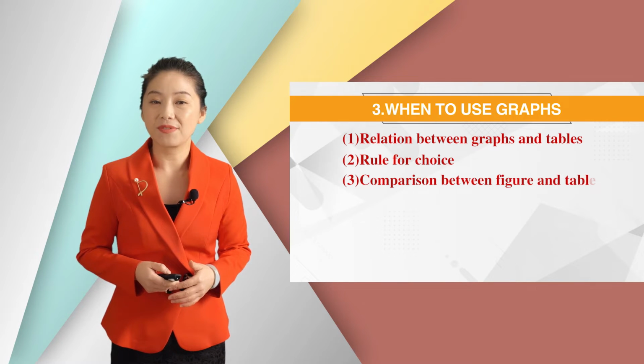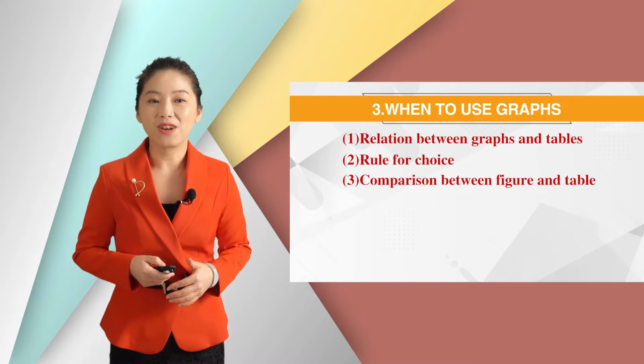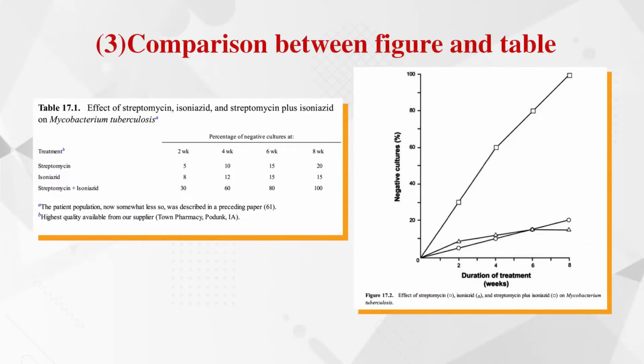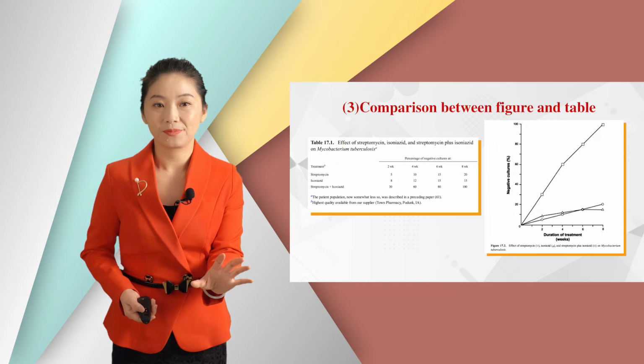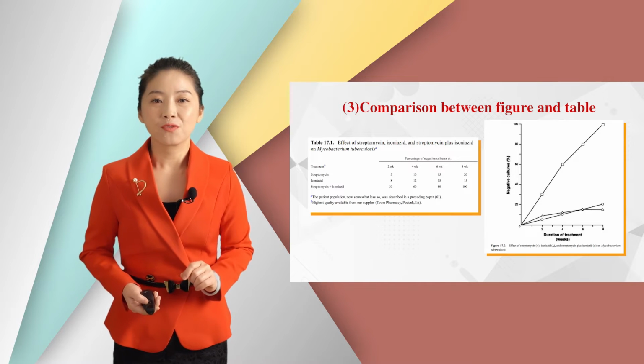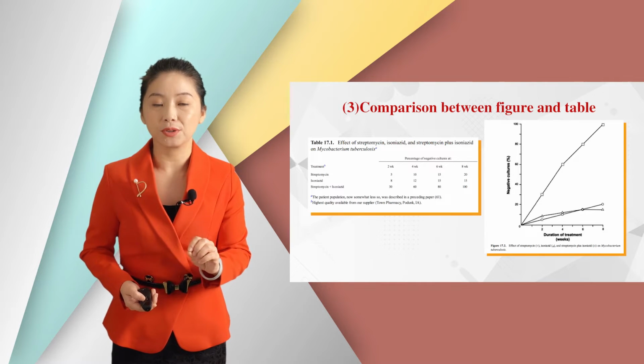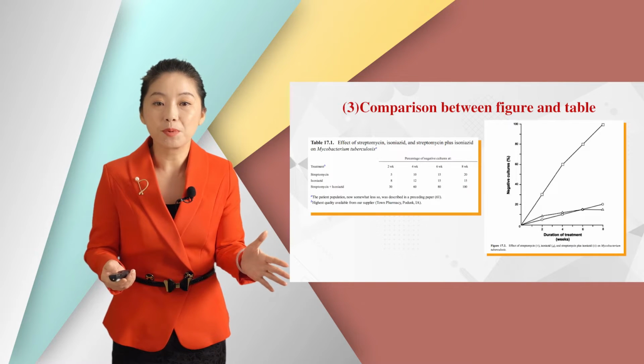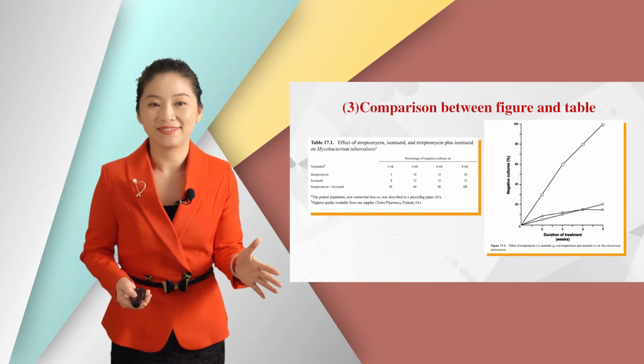Examine Table 17.1 and Figure 17.2, both of which record exactly the same data. Either format would be acceptable for publication, but Figure 17.2 clearly seems superior to Table 17.1.